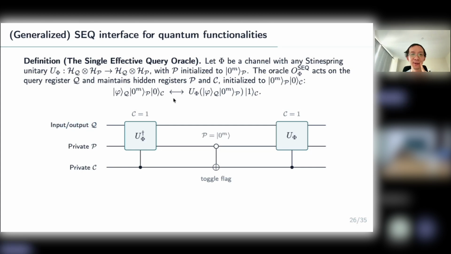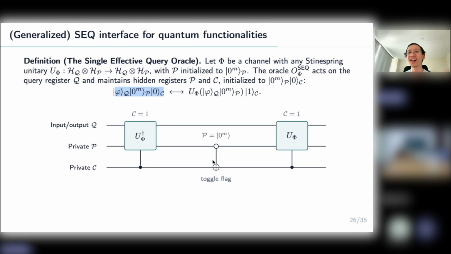So it's going to implement the following map. It maps any query with the private register initialized to 0 to the dilation unitary applied to the input, with the counter being switched to 1. And this is a self-adjoint map, so if you query it again on this state, it will send you back to the original state.